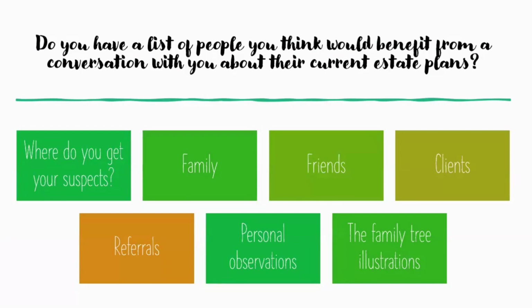I wish I could call all the people that I think are suspects. But sometimes it's family, sometimes it's friends, sometimes it's clients, sometimes it's referrals, sometimes it's personal observations.